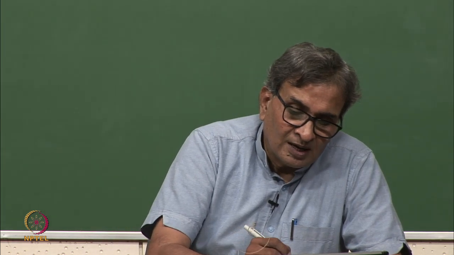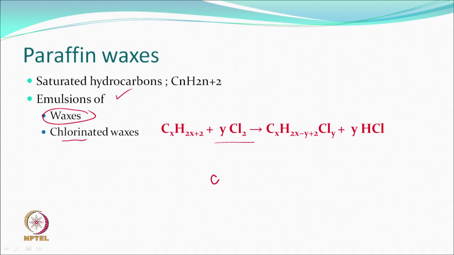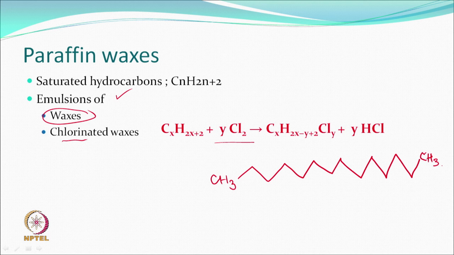And this is normally a hydrocarbon, for example, you have CH2, CH2, CH2, CH2, CH2, whatever number that we are talking about, and then you get to the end of the hydrocarbon. And if you want a chlorinated hydrocarbon, you have a chlorine atom here and maybe very near here, or some spaces are left and then it is there. How much chlorine you want to attach depends on how much you have taken.